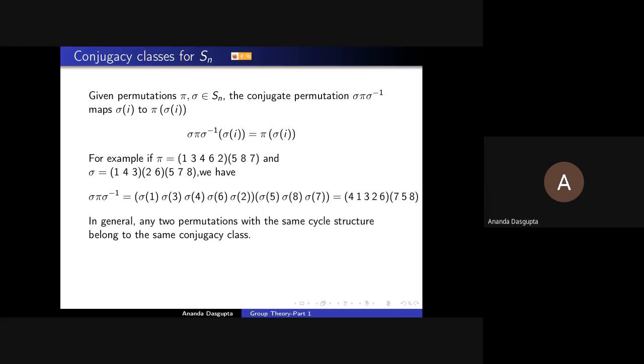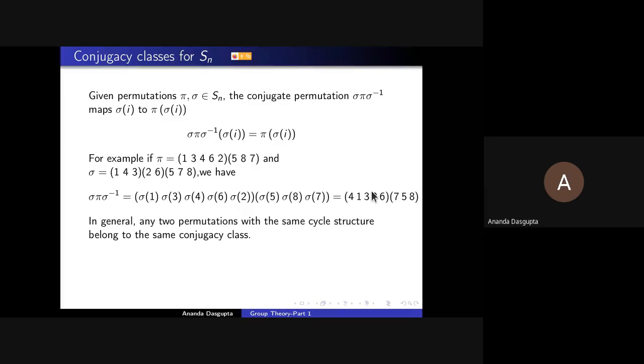That's all there is to it. All different ways of forming a 5 cycle and 3 cycle will give you the same conjugacy class. They give you different elements. This pi element and this sigma pi sigma inverse are two different permutations, but they are in the same conjugacy class.